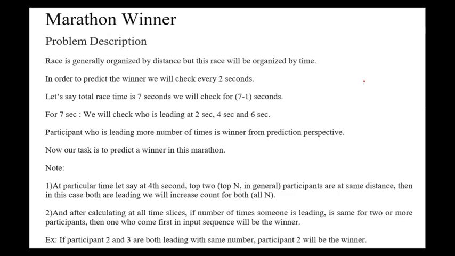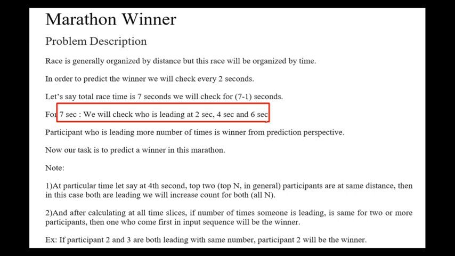Okay. Next one. Look at the next line. For 7 seconds, generally, when I displayed the image, I started from the 0th second. The 0th second is nothing but the initial position. So, you don't have to start from the 0th second. Look at this. We will check who is leading at 2 seconds, 4 seconds, and 6 seconds.